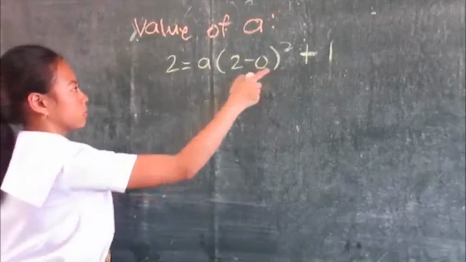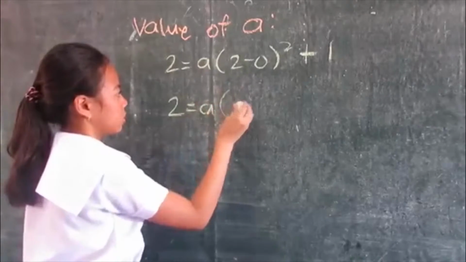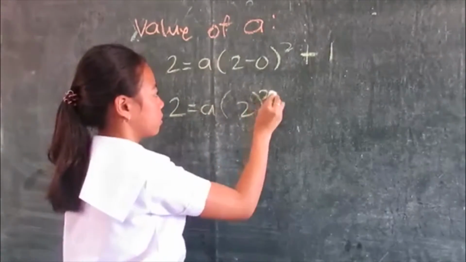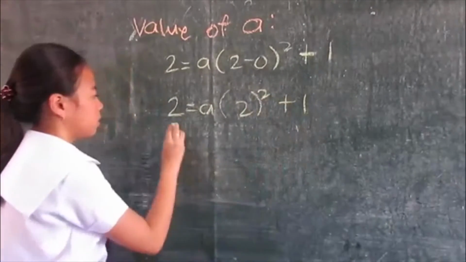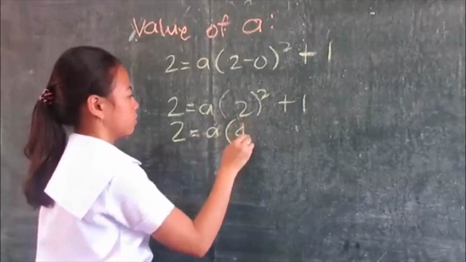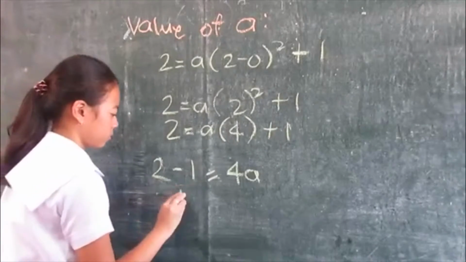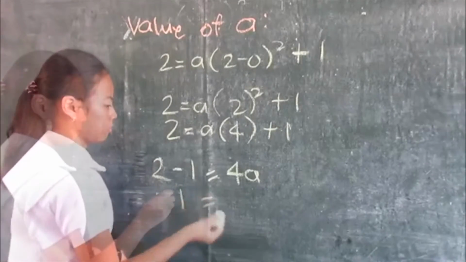The next step is we need to find the value of a. We then subtract the numbers inside the parentheses and square them after. 2 equals a times 2 quantity squared plus 1. Then 2 equals a times 4 plus 1.